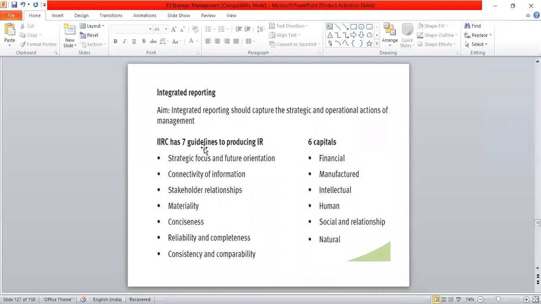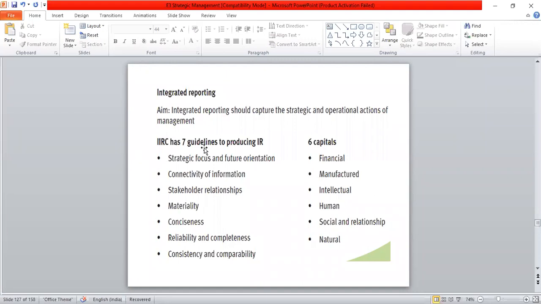What guidelines are to be used, and what the different types of capital are, should also be considered. That's why whenever you look at the annual statements of any company, you understand that it is not only financial statements, but there is so much other information included.